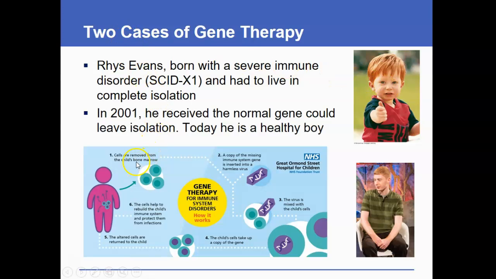What was done was he was able to have his cells removed from his body and, using viruses, insert the genes that were missing into those cells, where those cells were able to take up that gene, start expressing it, multiply, and then be returned to reconstitute his immune system. This is one of those wonderful cases where you can see that he is now a healthy boy.